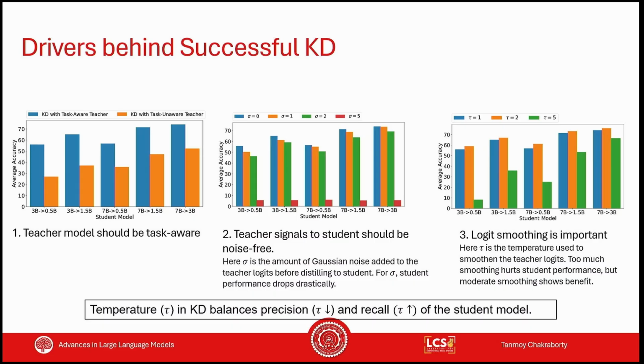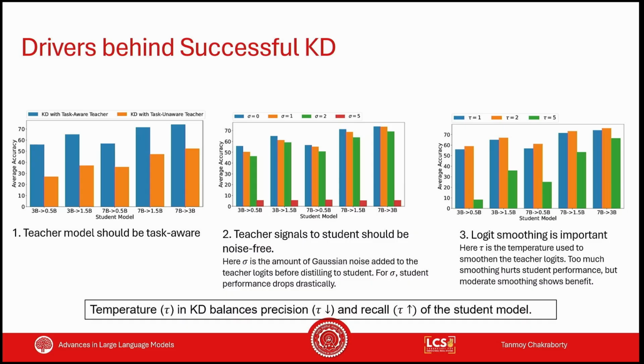So we observed that if you increase the temperature parameter, the recall of the student model will increase. Is it intuitive? If you increase the temperature parameter, the curve gets smoothened, uniform. What does it mean? It will always increase recall.